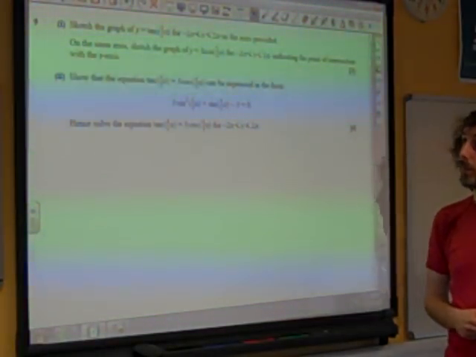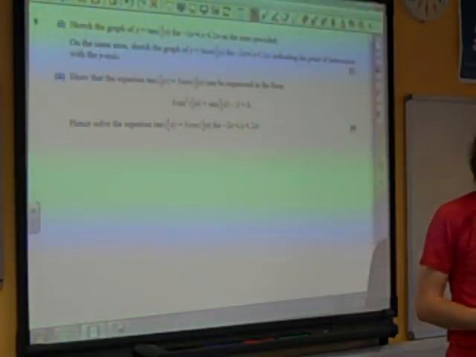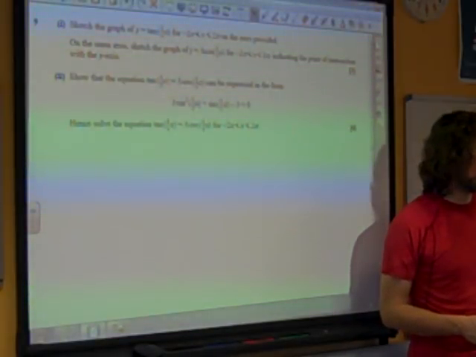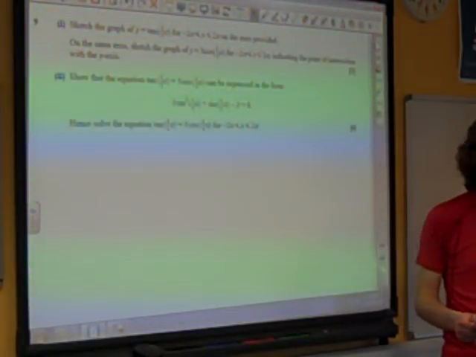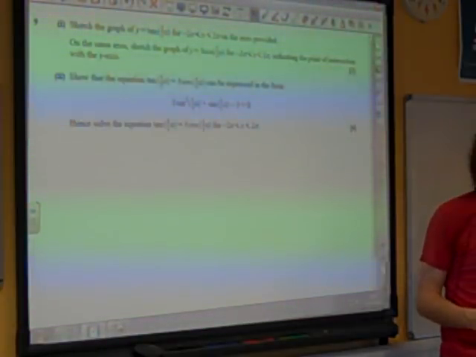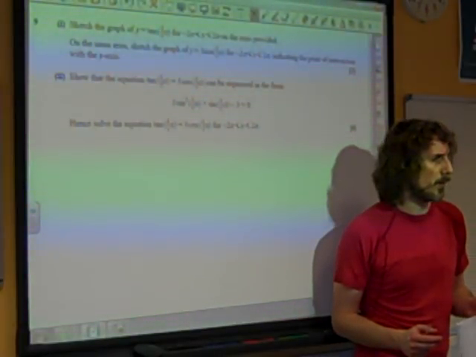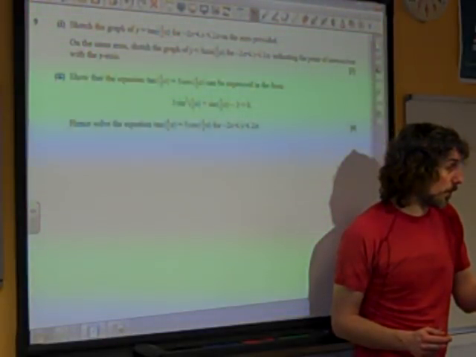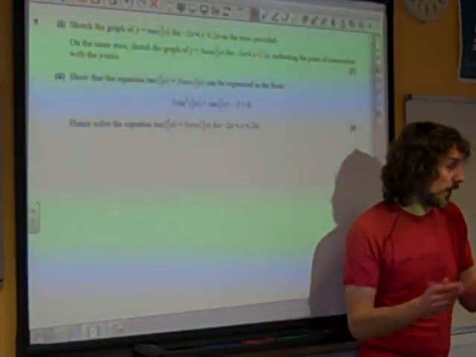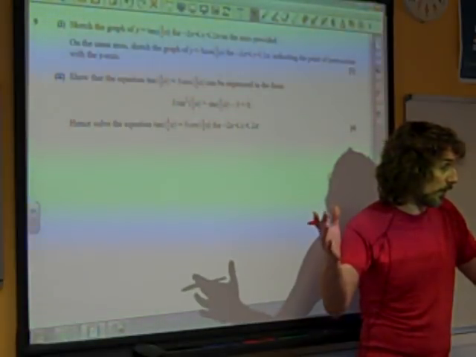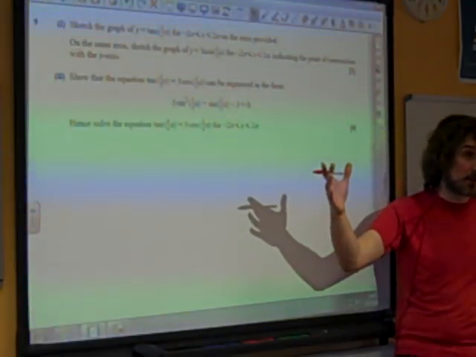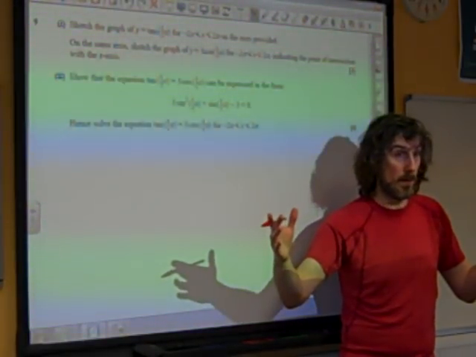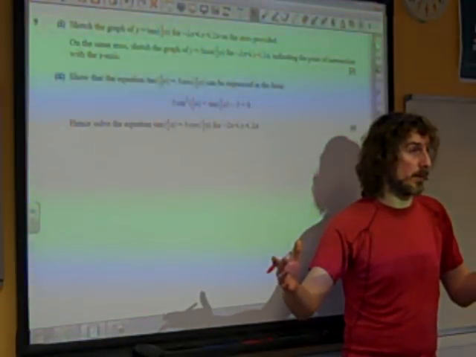The first one, tan half x. Well, the half there has the effect of, well, what can you remember? What effect does that have as a transformation? It stretches it in the x direction, doesn't it? It will be a stretch, scale factor 2, parallel to the x-axis.